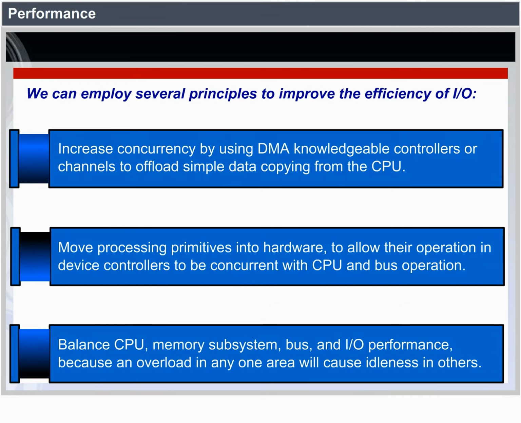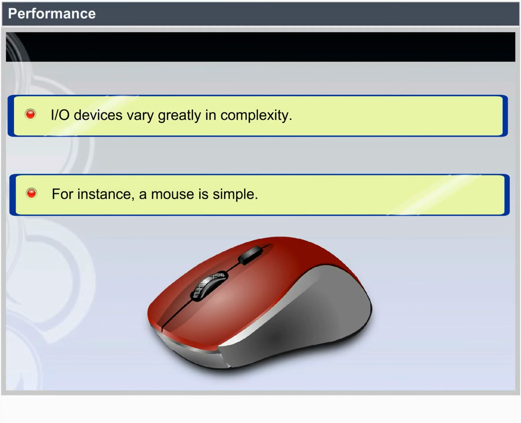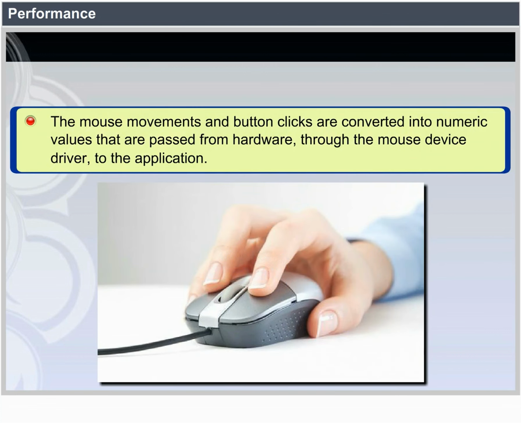Input-output devices vary greatly in complexity. For instance, a mouse is simple. The mouse movements and button clicks are converted into numeric values that are passed from hardware through the mouse device driver to the application. By contrast, the functionality provided by the Windows disk device driver is complex.